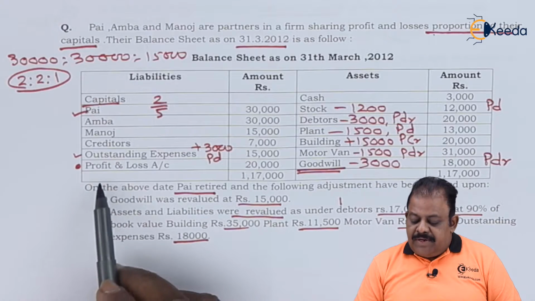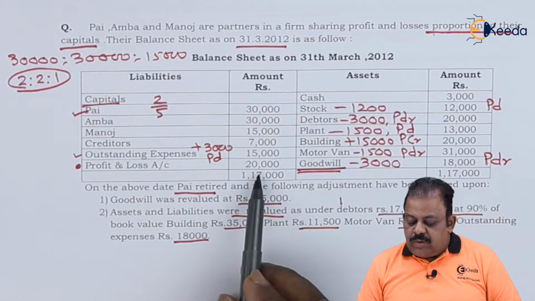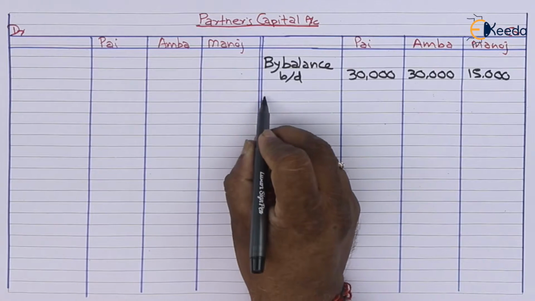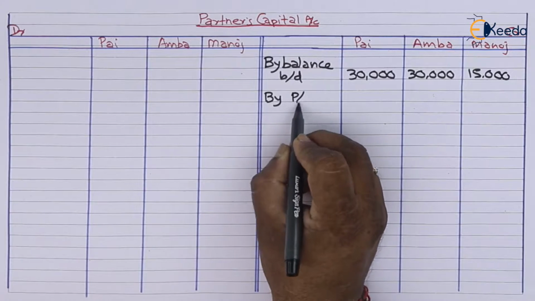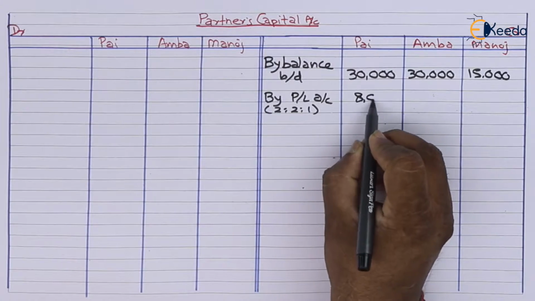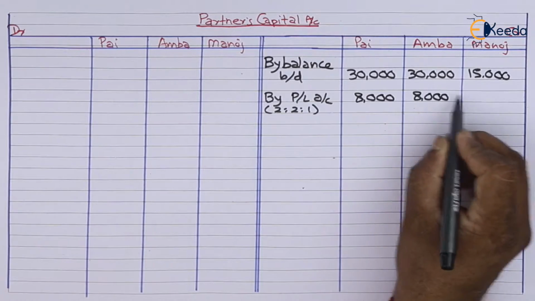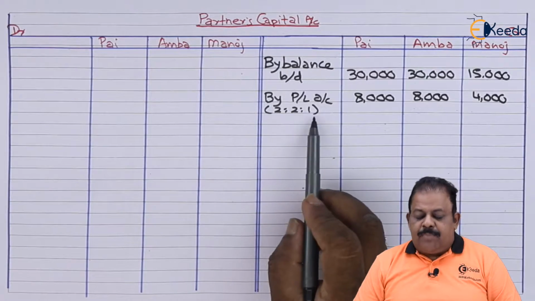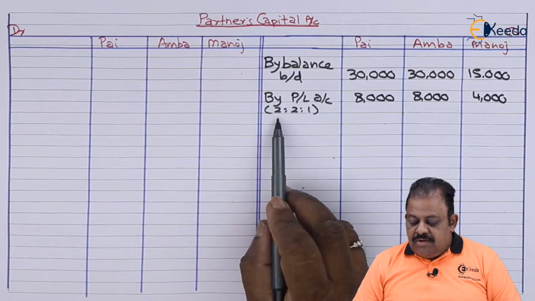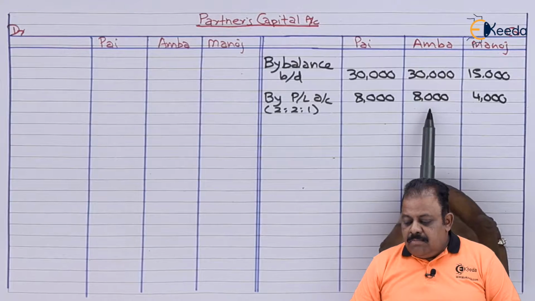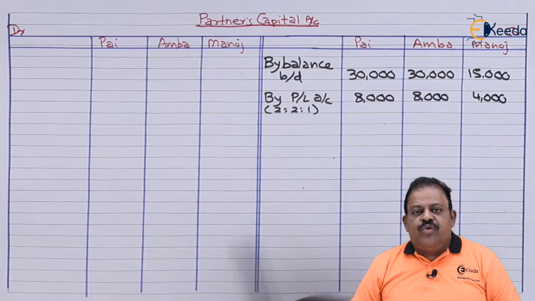Relating to partners' capital, we have the item profit and loss account 20,000. This will be divided among all partners in their profit sharing ratio. Partners' capital account credit by profit and loss account, ratio 2:2:1: Pai 8,000, Amba 8,000, Manoj 4,000.